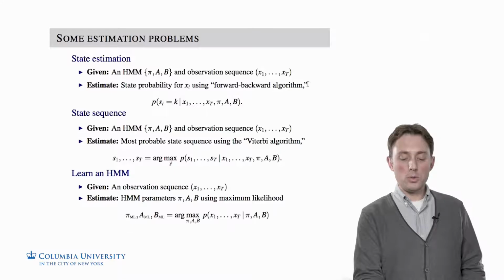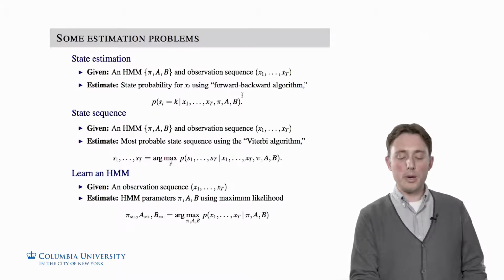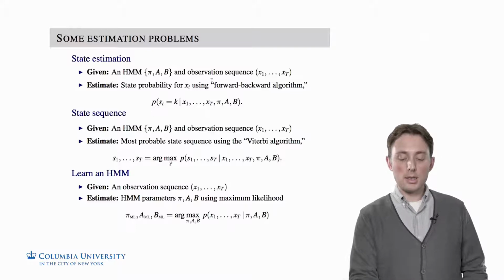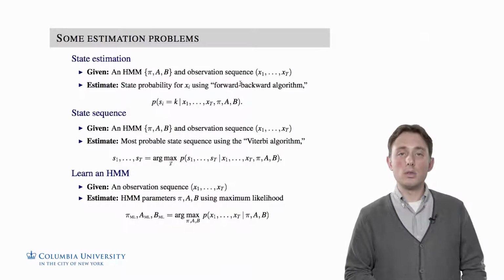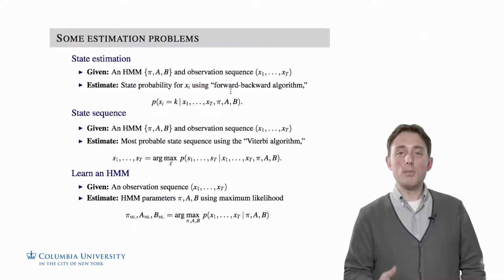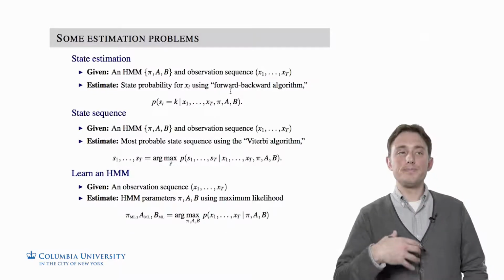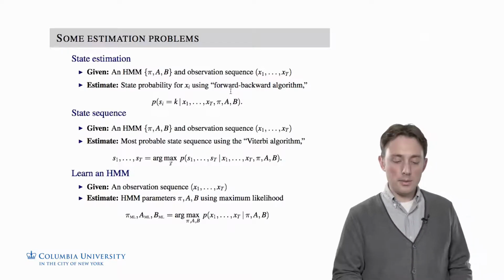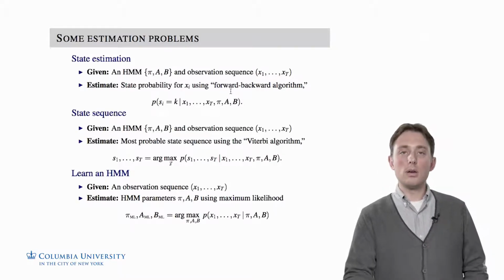To do this, we use something called the forward-backward algorithm. We're not going to be able to discuss this algorithm in much detail in this course, but it's a fundamental algorithm for the HMM, and my goal is to motivate where it's used, so that it makes it more clear what the purpose of learning this is.